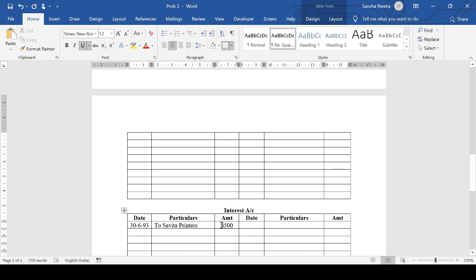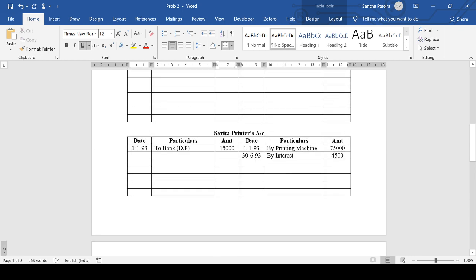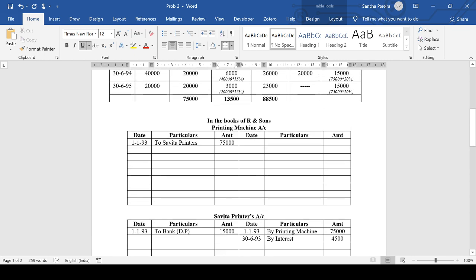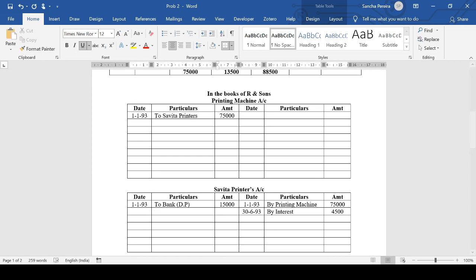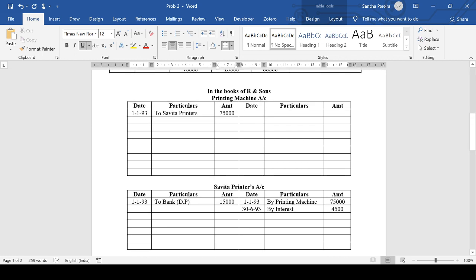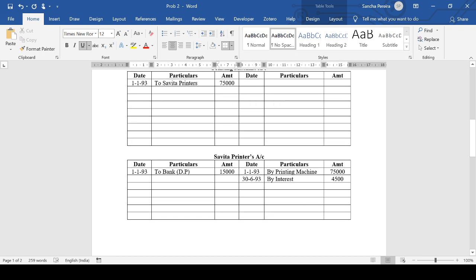Okay. The next entry after the interest is the payment of the installment. What's the entry? Hire vendor's account debit to bank or debit to cash. So who's the hire vendor here? Savita Printers account debit to bank.